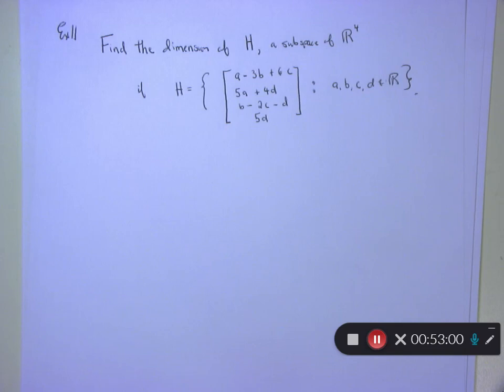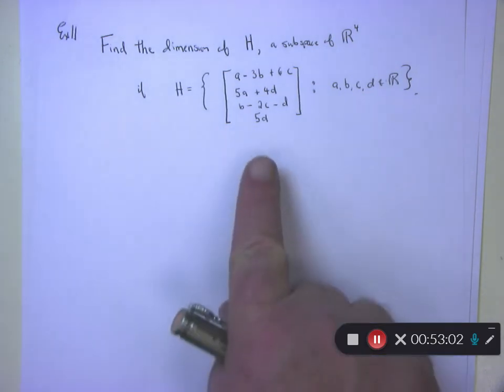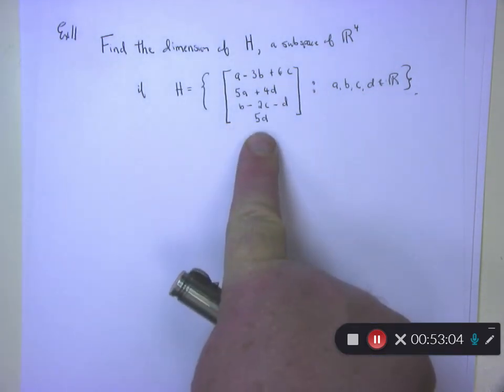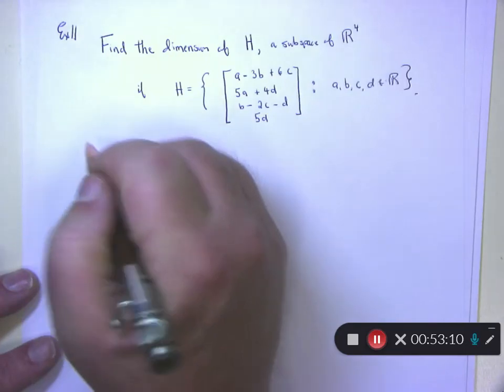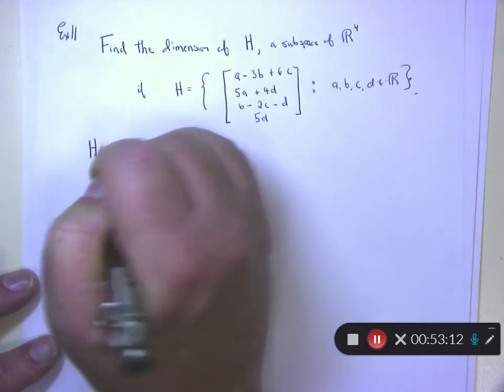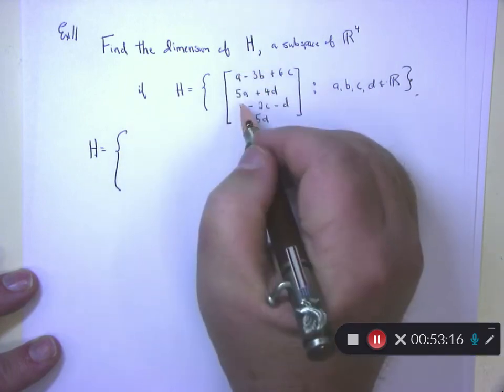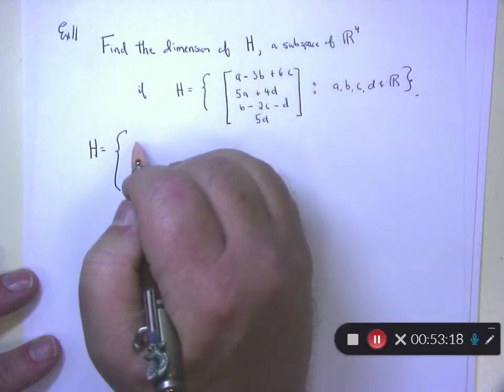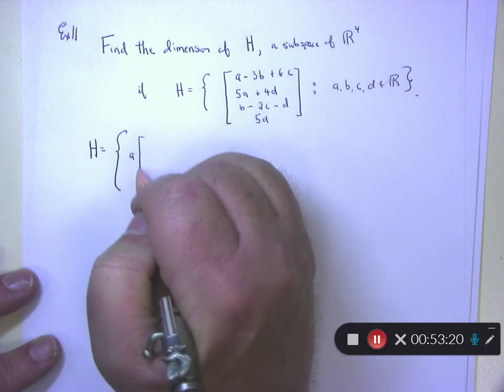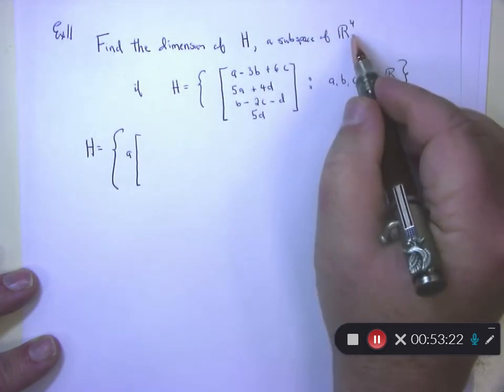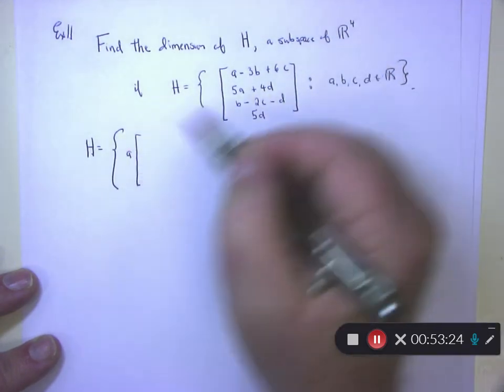Well, how do I do this problem? The first thing you need to do is decipher this thing here and write it as vectors, or at least coordinate vectors. Let me show you. So H, if I rewrite this, would be equal to, and I'm going to pull out the a and see what the coefficients are. Remember, this is coming from R4, so I expect to have 4 components.